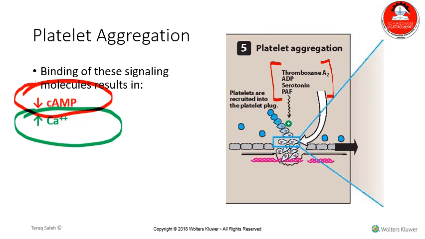Both of these events result in the release of the constituents of platelet granules containing all these mediators, which will further enhance platelet adherence to the site of injury and the aggregation or activation of other resting platelets nearby.